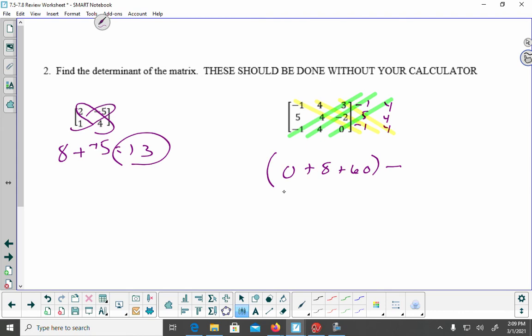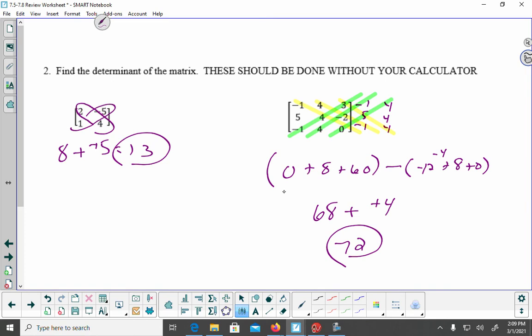And I'm going to have negative 12 plus 8 plus 0. So this is going to be 68 minus, this would be negative 4. So this will be minus negative 4. So plus 4. And I get an answer of 72.